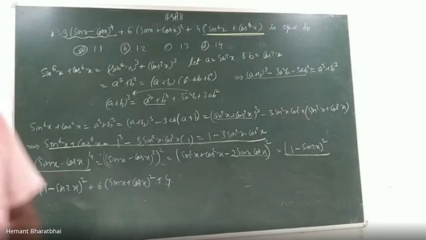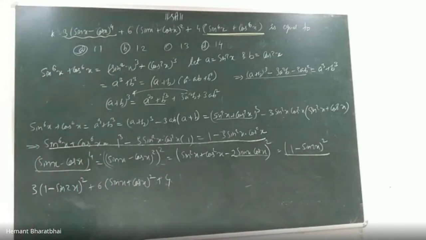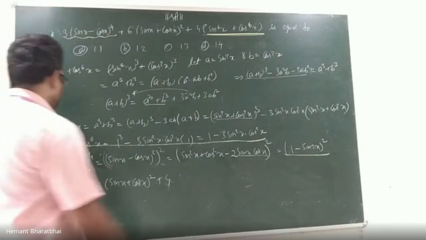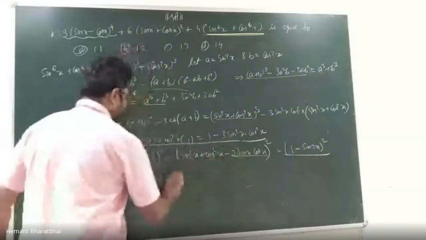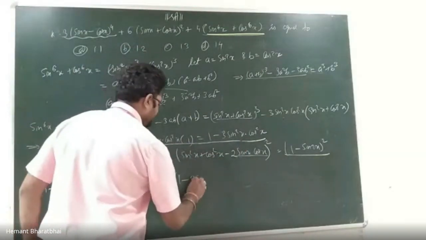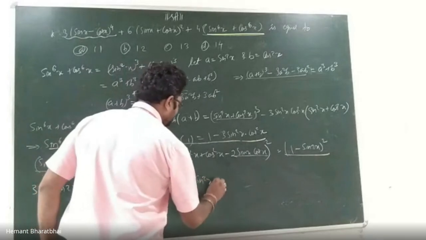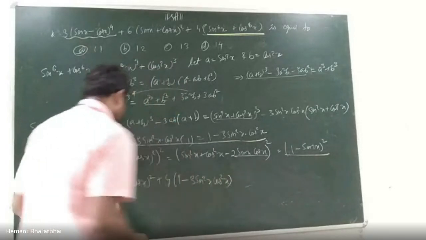Okay, instead of sin raised to 6x plus cos raised to 6x, this value we have found out to be 1 minus 3 sin square x into cos square x.